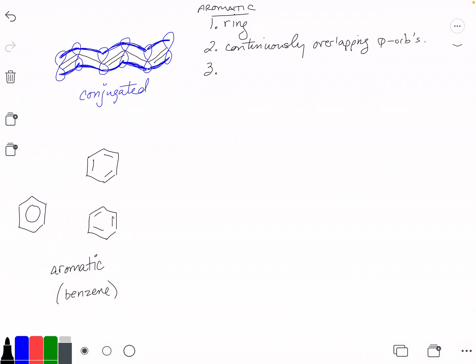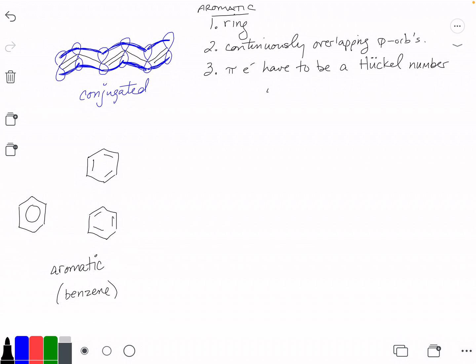Furthermore, the pi electrons have to be, I always pronounce this name and wonder if I'm doing it correctly, I always say Huckel. If somebody is native to that language, you can tell me if I'm pronouncing it correctly. They have to be a Huckel number. This number has a simple formula.